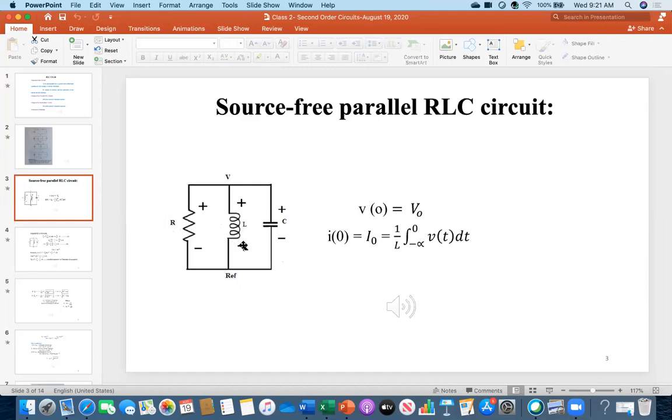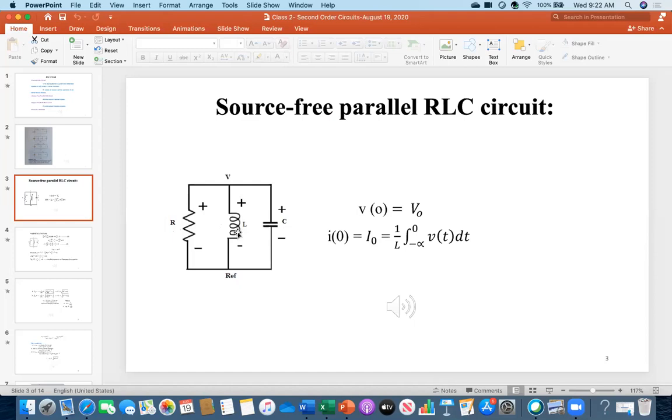But because there was L and there was C, the inductor will store energy by half L I squared, and the capacitor by half C V squared.